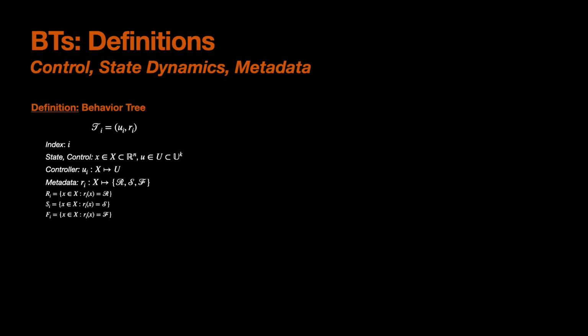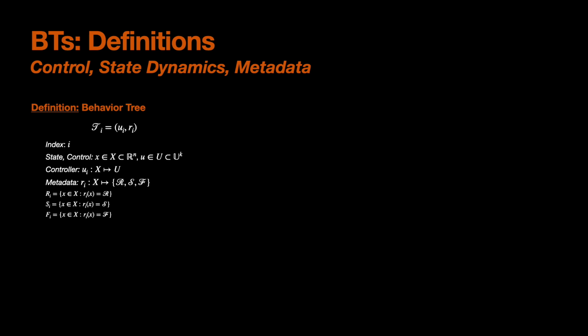So just kicking off with some definitions, a behavior tree is going to be this pair of control and metadata. The control is what we know as control, some vector of control. And metadata is really this kind of indicator variable that will tell us if that tree is running, successful, or has failed.